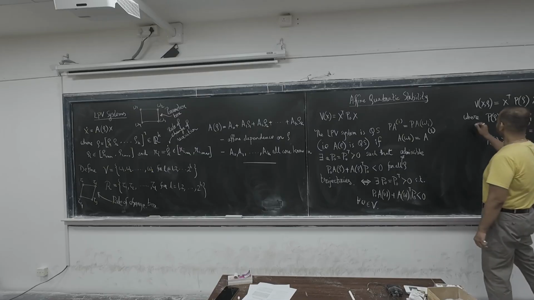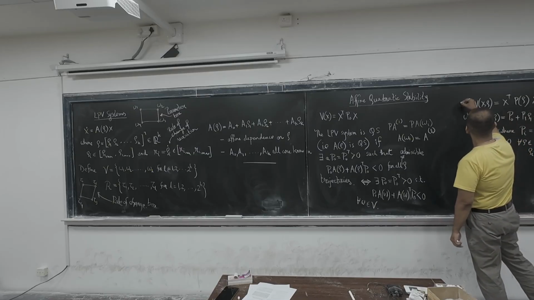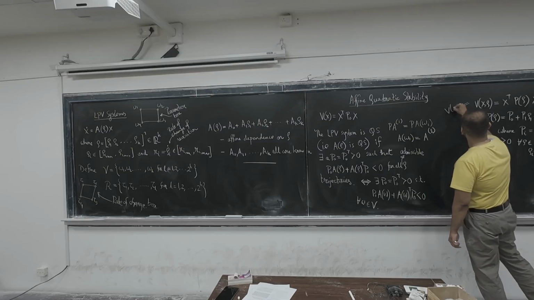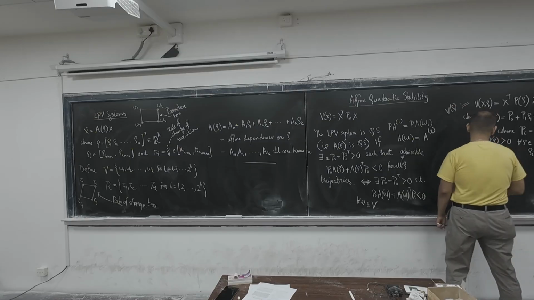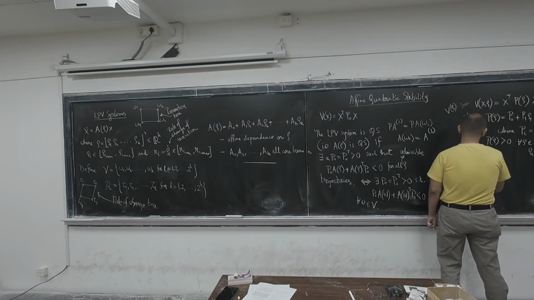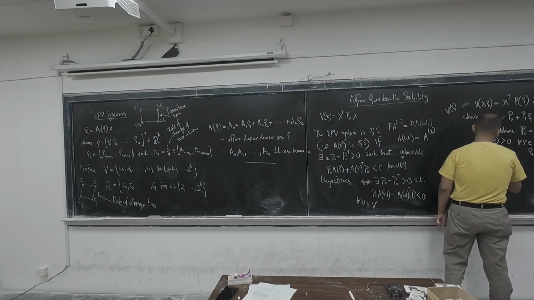For example, if I denote this simply by V of rho, then what will be d/dt of V of rho?